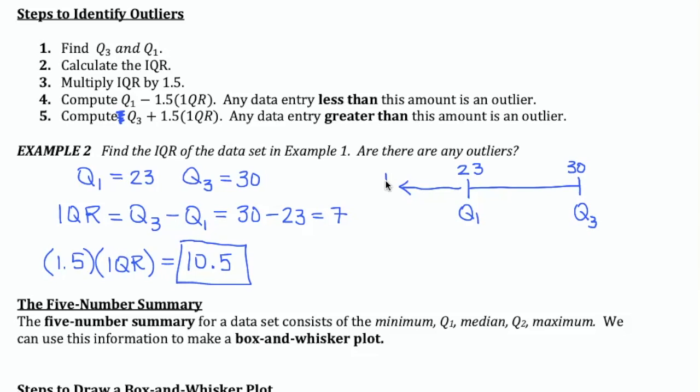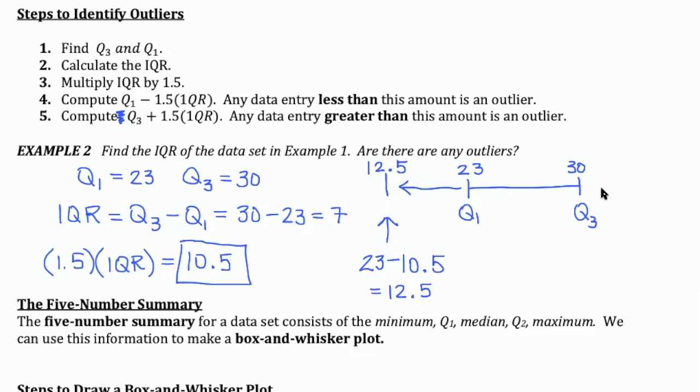So again, to calculate this number, I'm going to take my Q1, 23, subtract 10.5, and that gives me a value of 12.5. So I'm going to label this new fence or border wall 12.5.